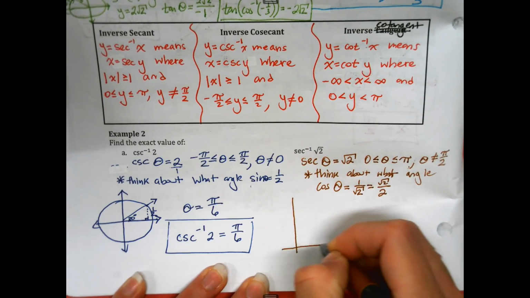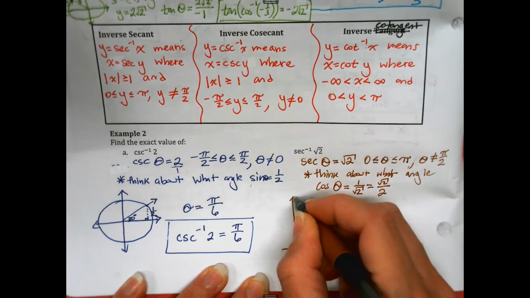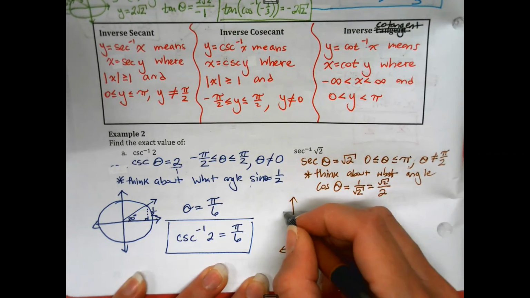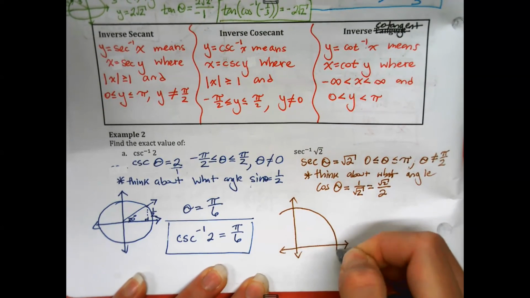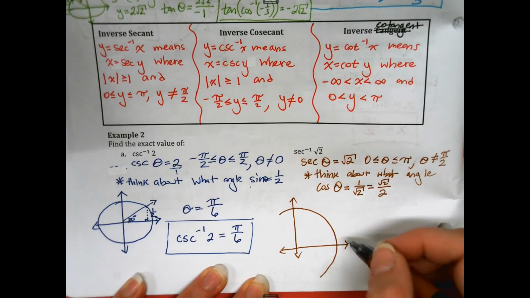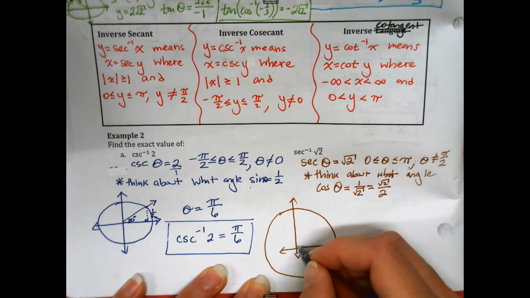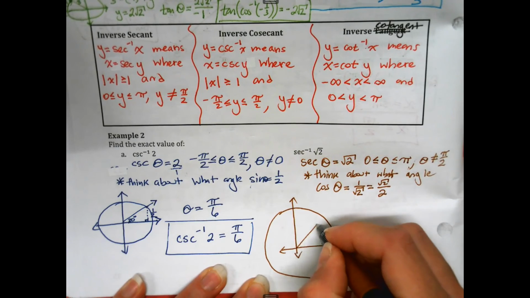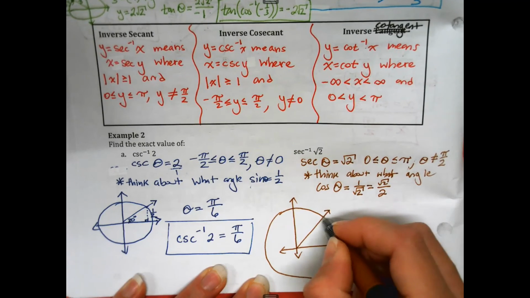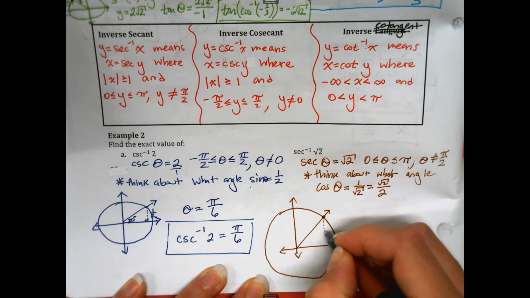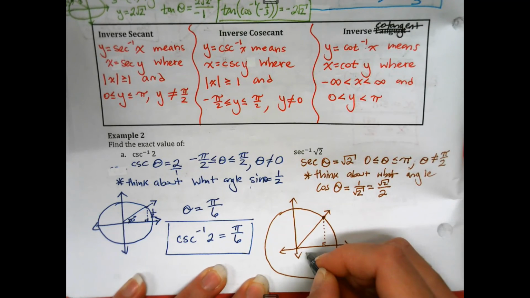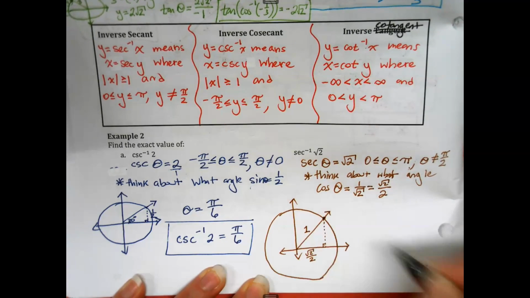Since we're in quadrant number 1, I'm just going to focus here on quadrant number 1. If we had our unit circle in here, we want that angle in which we have an x value of the square root of 2 over 2. Our hypotenuse is going to be 1.